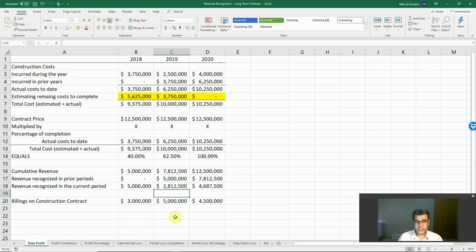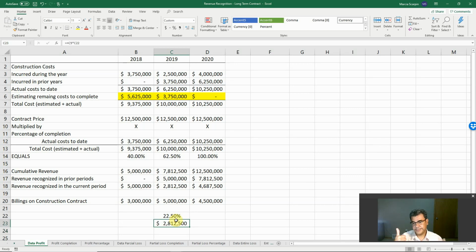Then the first question is, Professor, can we also do it this way? Until the end of 2019, we have 62%. Until the end of the first year, we have 40%. So in the second year, we build 22%. So 12.5 times 22%, we have the same number.